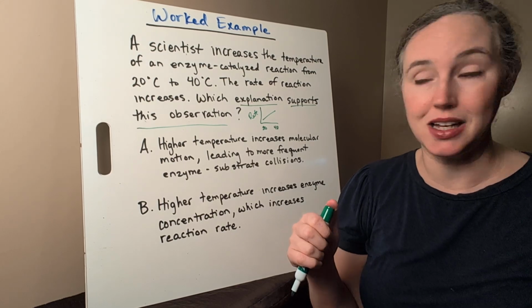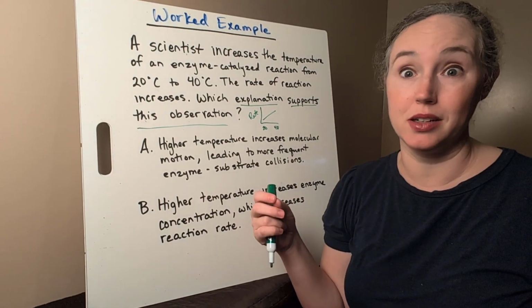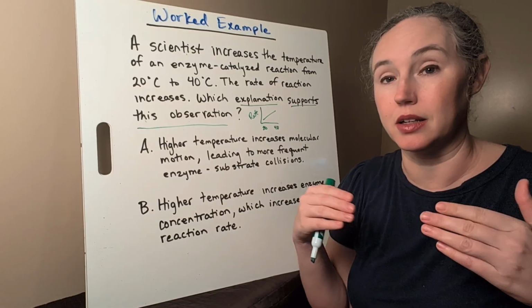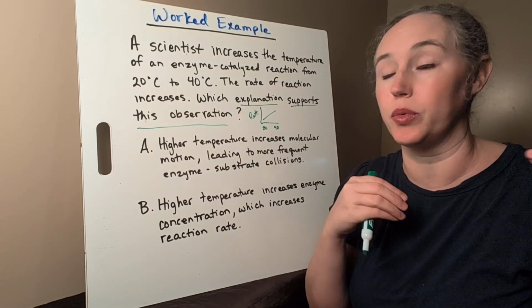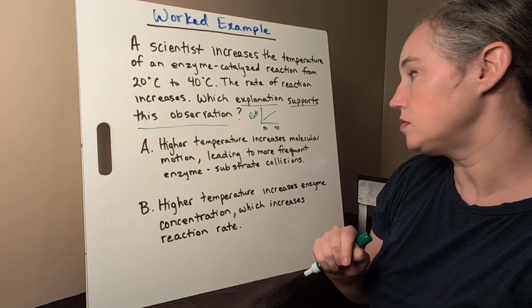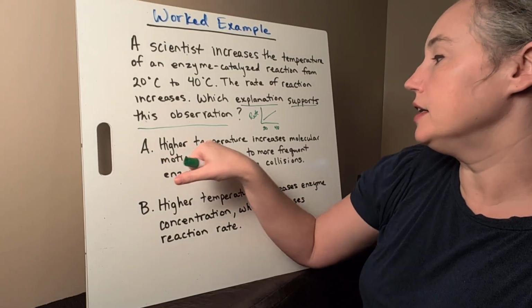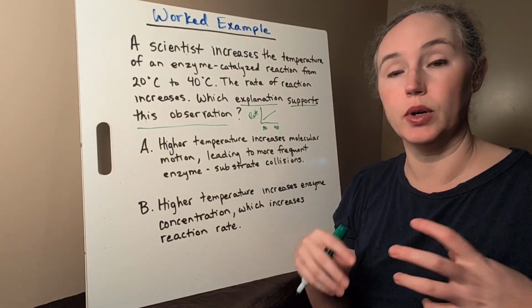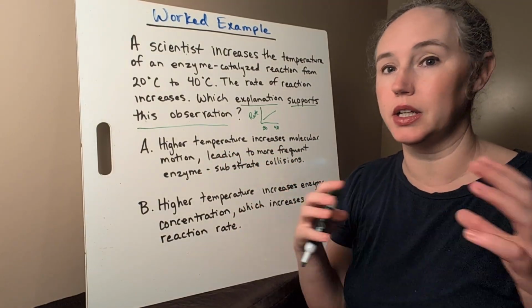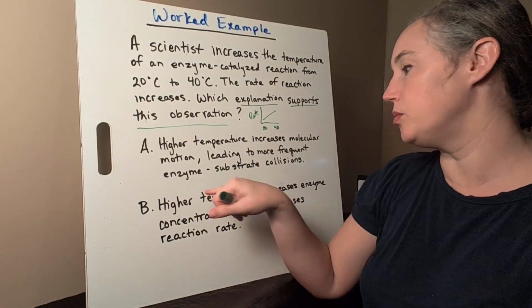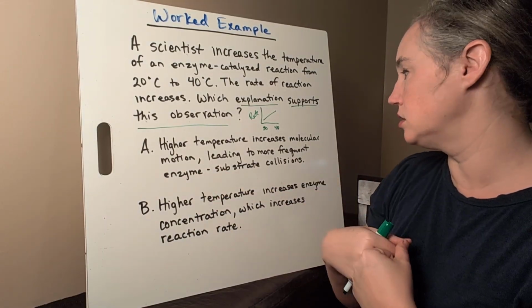All right, our second step, what's the concept? Our concept is enzyme substrate, the impacts of enzymes on reaction rate, in this case in the context of temperature. So higher temperature increases molecular motion. That's like increasing kinetic energy, leading to more bumping into each other, more enzyme substrate collisions.